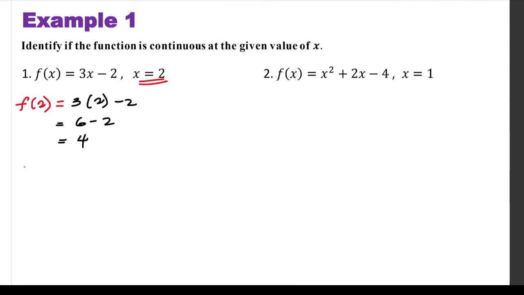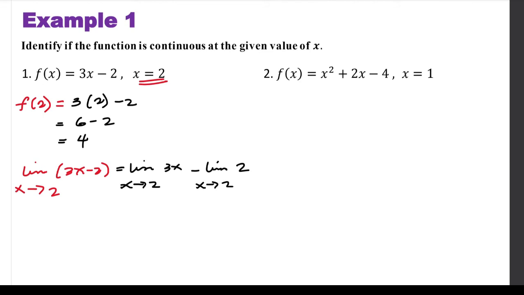Next, we need to get the limit of the given function, 3x minus 2, as x approaches 2. So we have to get the limit of 3x as x approaches 2 minus the limit of 2 as x approaches 2.